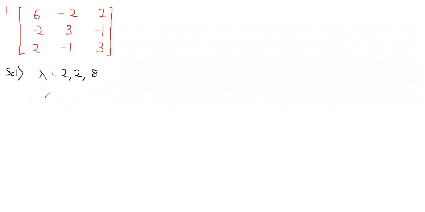That is how to find the eigenvector. The formula for the eigenvector is nothing but (A minus lambda I) times x bar equals 0, where A is the given matrix. This lambda is the eigenvalue and I is the unit matrix.